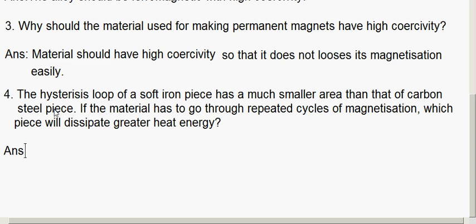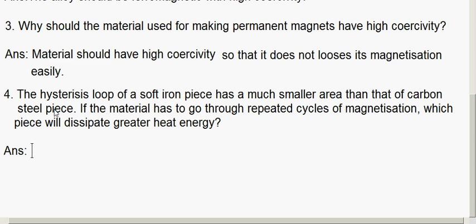Now we know that the area under the hysteresis loop actually gives the energy loss, or it is proportional to energy loss. Now here we have to choose a material wherein we have cycles of magnetization which is repeated. That means to have less energy loss, we should have a hysteresis loop of less area.